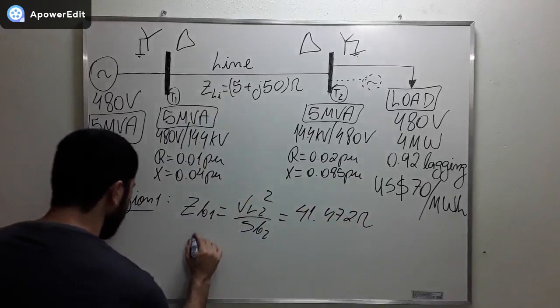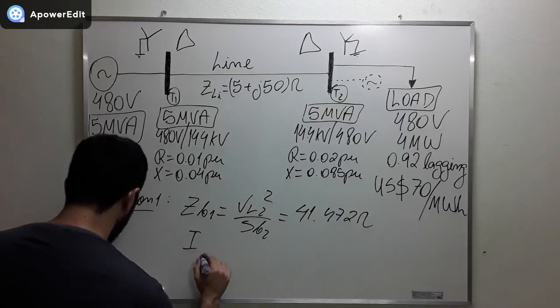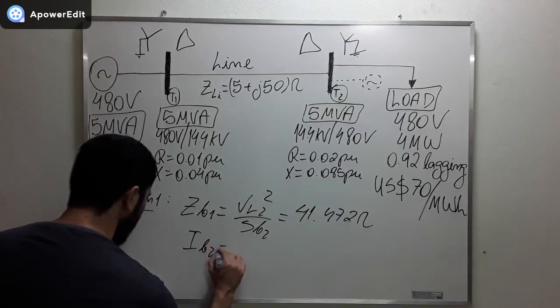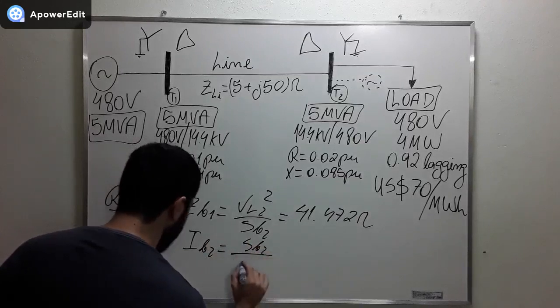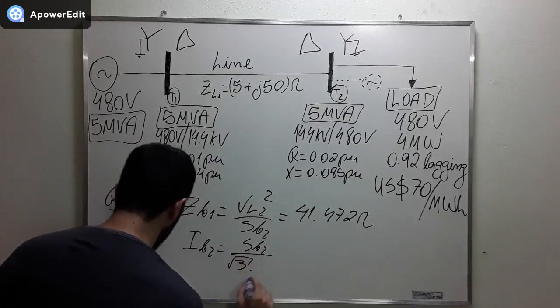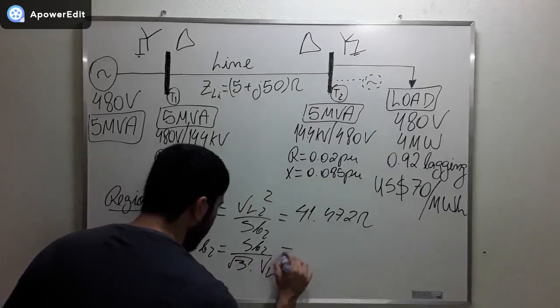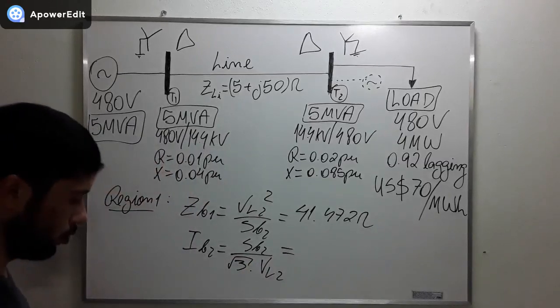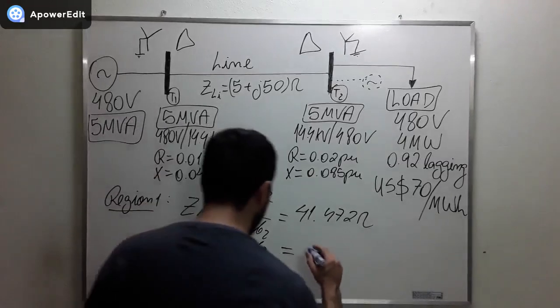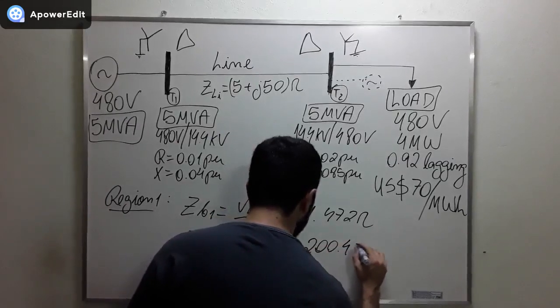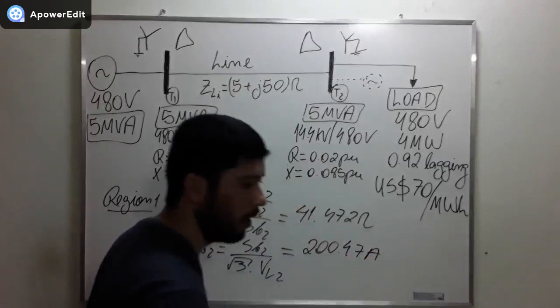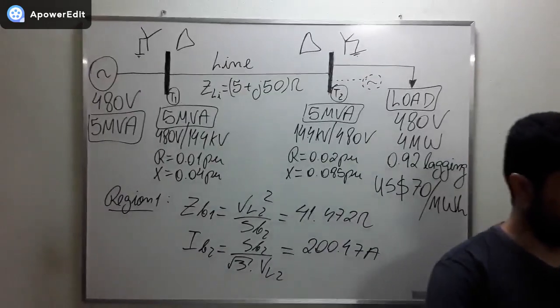And the current, IB2, we find as SB2 divided by the square root of 3 times VL2, the same expressions that we used, and I find a current of 200.47 amperes.